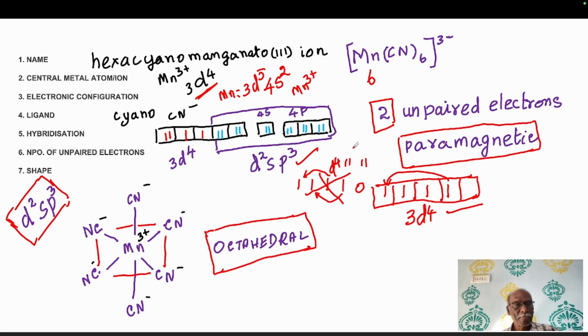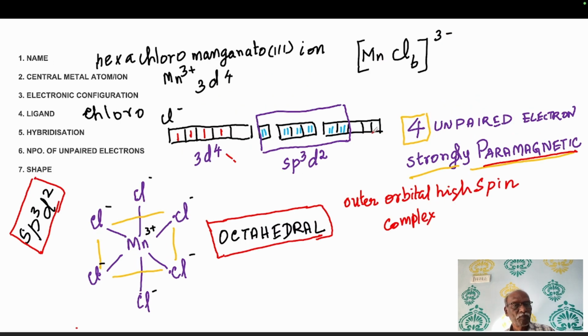Okay. Again, the only point to remember here in this example: 4d orbitals giving rise to sp3d2 hybrid orbitals. 6 such orbitals are mixed up together and a new set of 6 orbitals is formed.